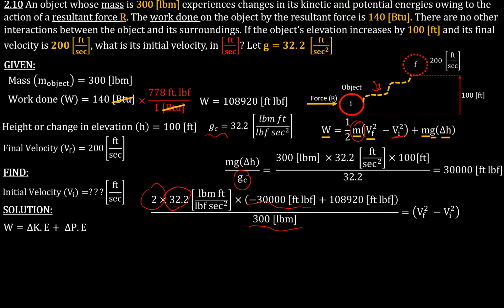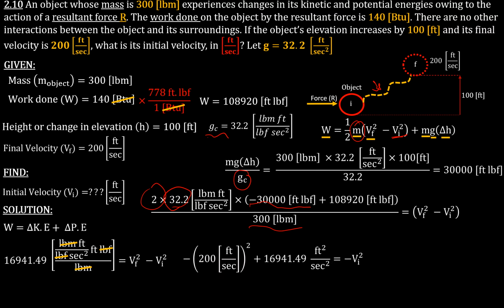So you plug this into your calculator, and it will give you this value, and these are the units that you're going to have. From these units, as you can realize, we can cancel the pound mass with the pound mass, and pound force with pound force, and you are left with feet times feet, which is feet squared over second squared, because the velocity is feet per second. To the power 2 it becomes feet squared and second squared. So this unit is the same as this unit, so we are in good shape.